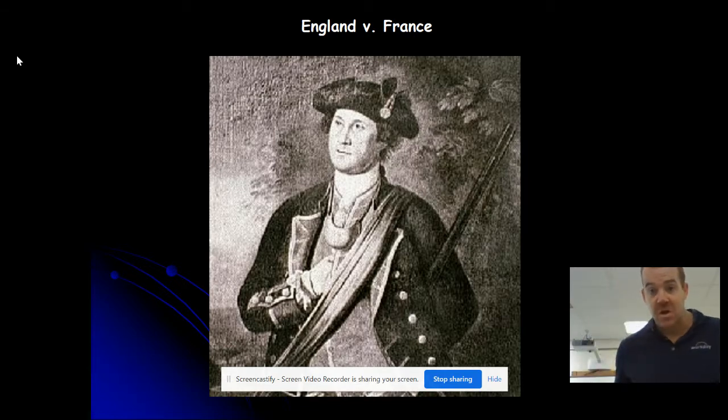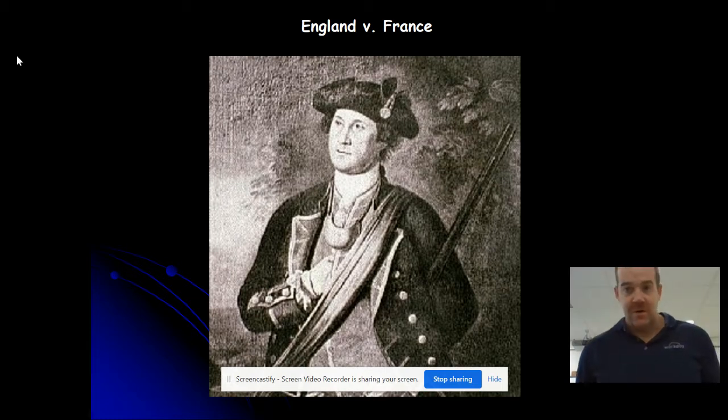There's a picture of the first president of the United States, George Washington, in case you didn't know that. That's him as a young officer in the Virginia militia. He was a Virginian colonist, and the Virginia militia was basically in the British Army.